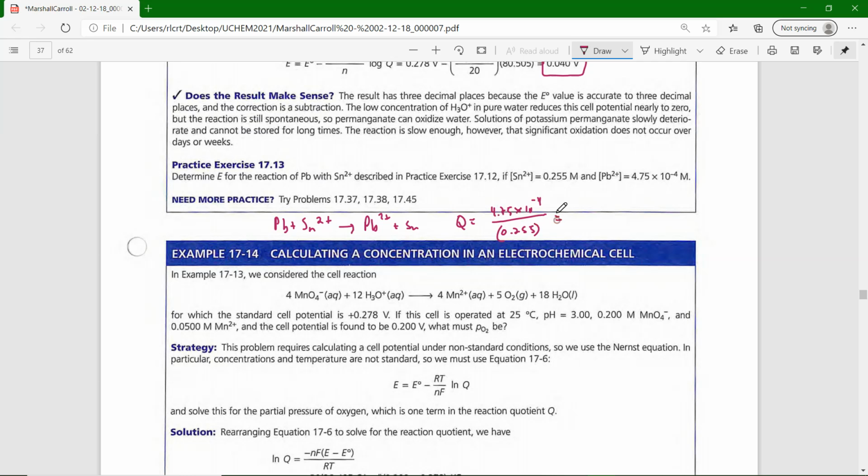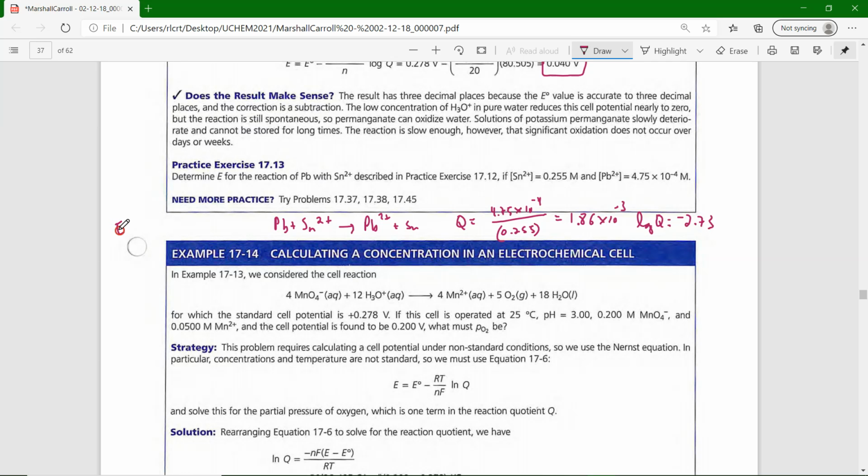That's self-balanced, right? So my Q is 4.75 by 10 to the minus 4 divided by 0.255, which is 1.86 by 10 to the minus 3. And my log of Q is negative 2.73.